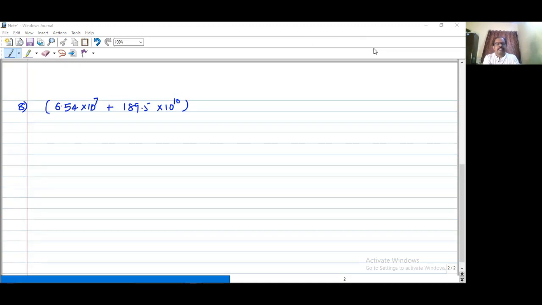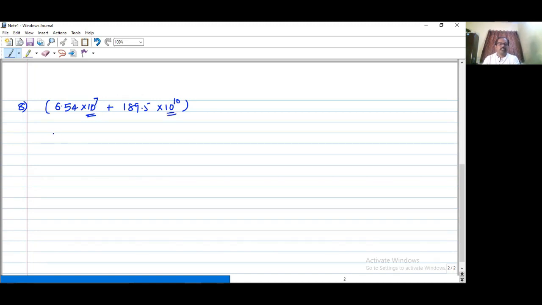So what to do in this case? Whenever we are asked to add such numbers in decimal form multiplied by some powers of 10, we need to make the powers of 10 equal first. Either we can write 10 raised to 7 in terms of 10 raised to 10, or convert 10 raised to 10 in terms of 10 raised to 7.